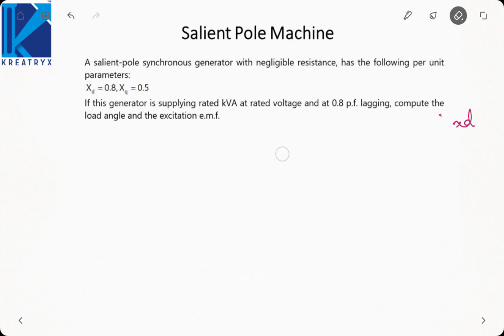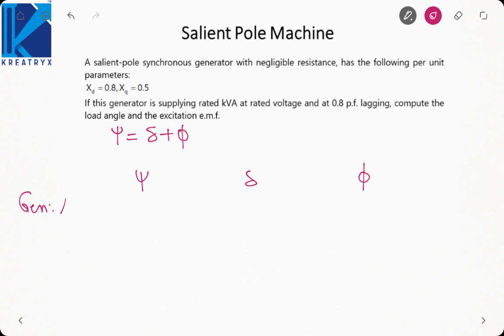Now in generator and motor, what you have to remember is that psi is equal to delta plus phi. In generator, lagging: this one will be positive, this one positive, this one positive. Leading: positive, positive, negative.